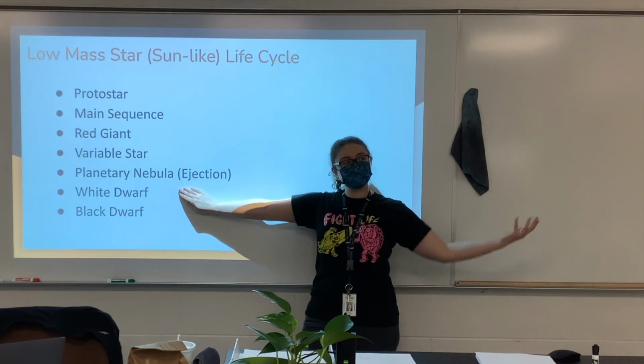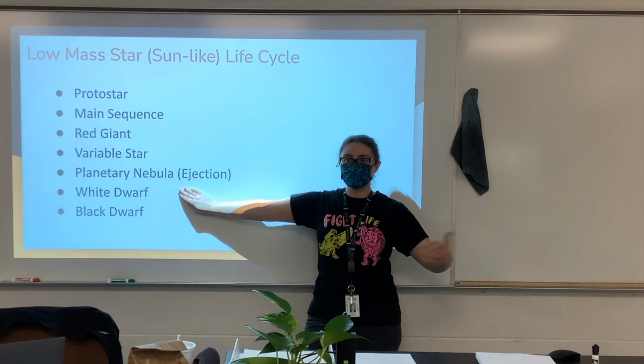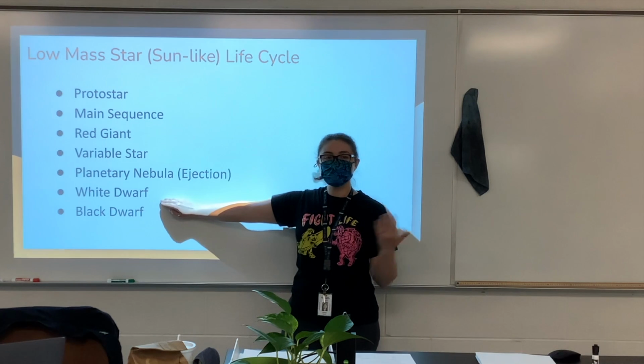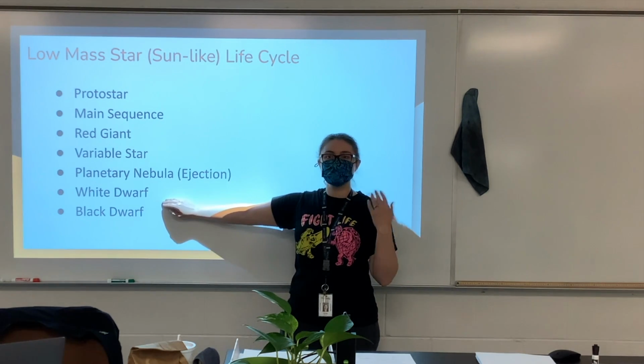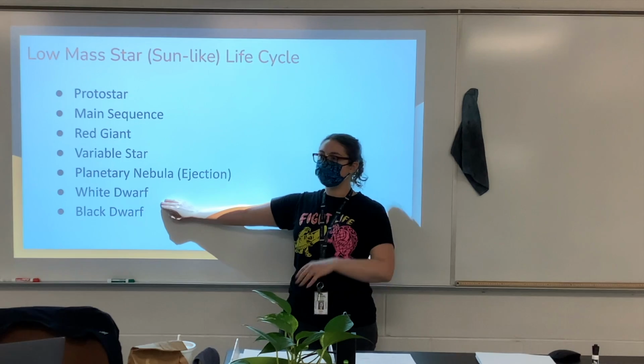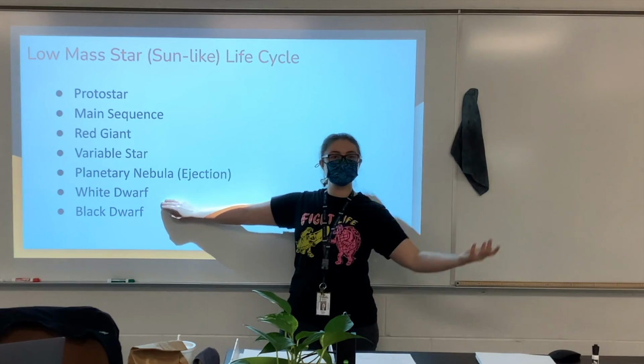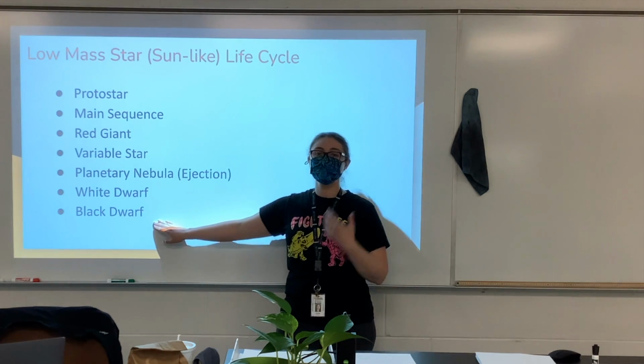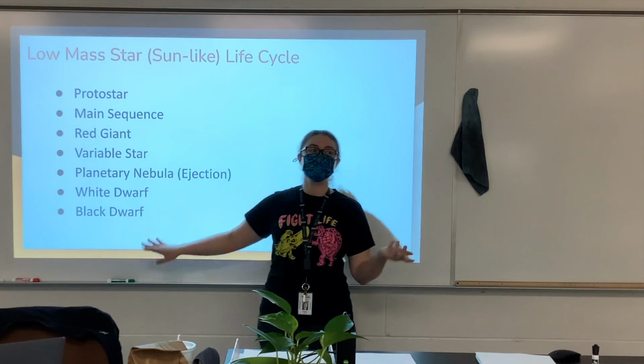Eventually it will eject that outer layer of gas, which will form a planetary nebula. And all that will be left behind is the core of the star, which is a white dwarf, that over billions and billions of years will eventually cool off to the point where it's not emitting any energy, and it'll be called a black dwarf then.